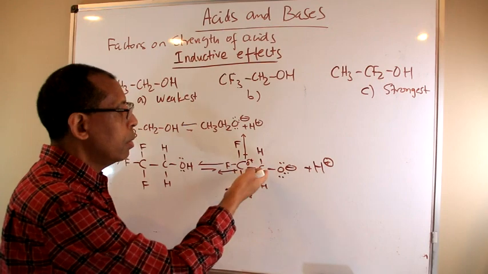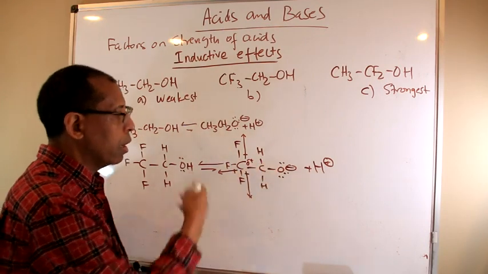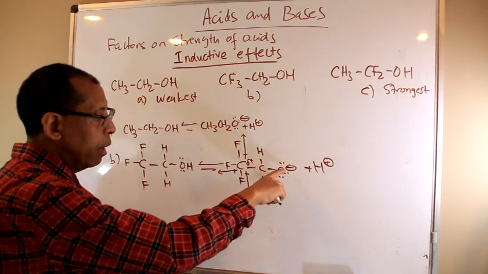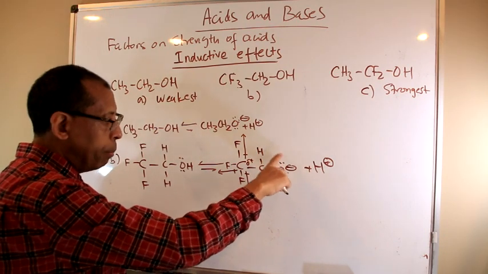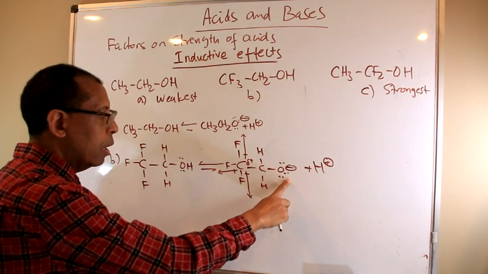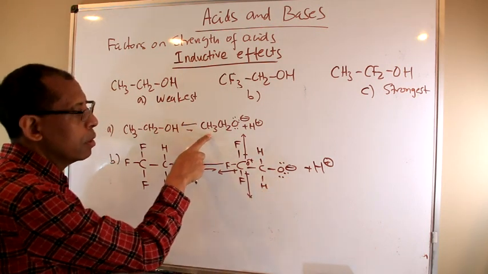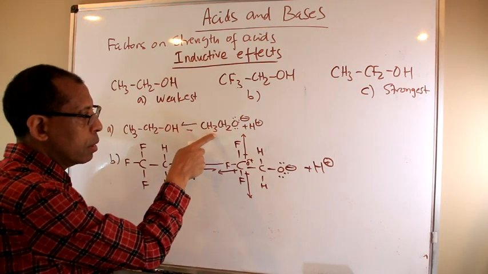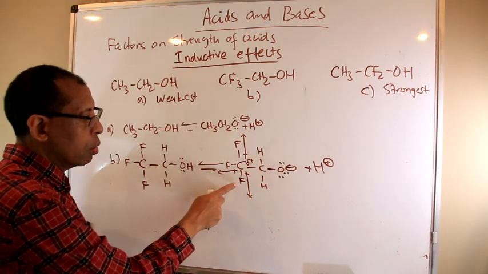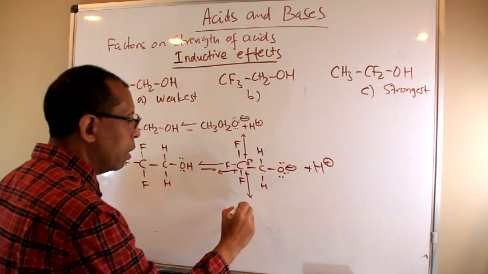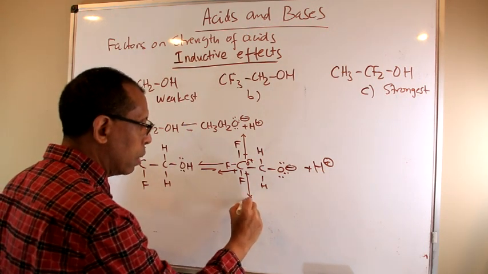So that carbon also, the electron density would be taken away. Therefore, by inductive effect, this becomes more stabilized. So it's more acidic than this one. Relative to this conjugate base, this one is more stabilized by fluorine's inductive effect.